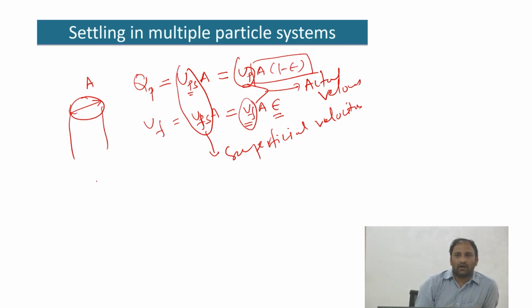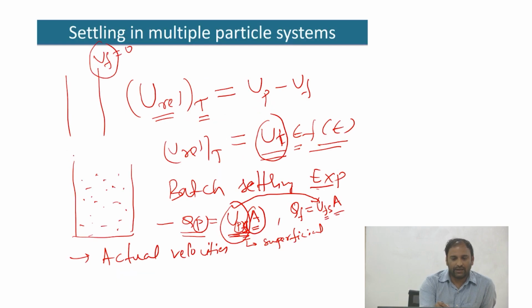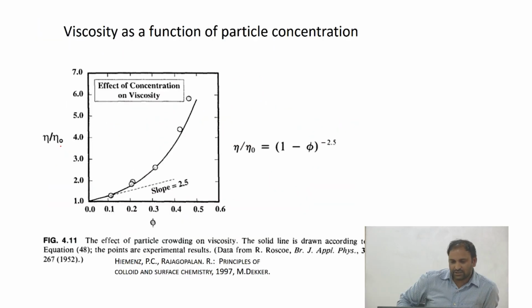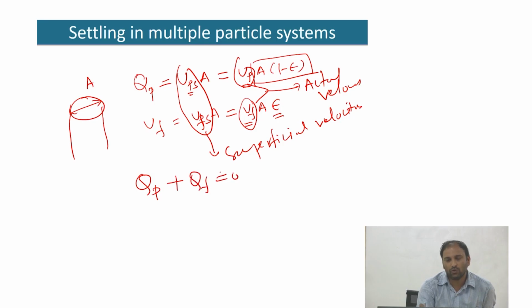Now, when you do a batch settling experiment, the way it is done is you take a container, fill in your particles and the fluid, and you just watch as the settling occurs. In such a case, because I'm not adding any fluid or particle into the system externally, I can say that QP plus QF should be equal to 0, because there is no net flow.